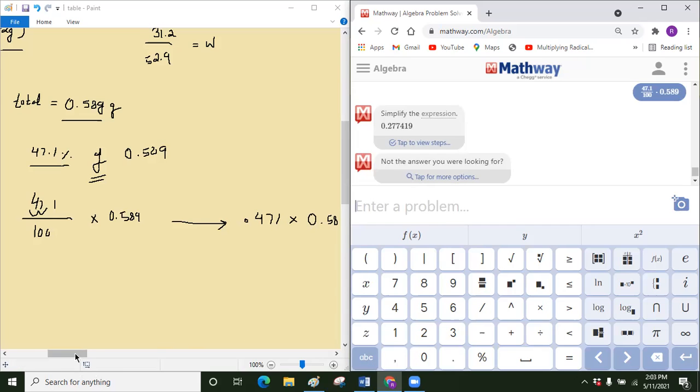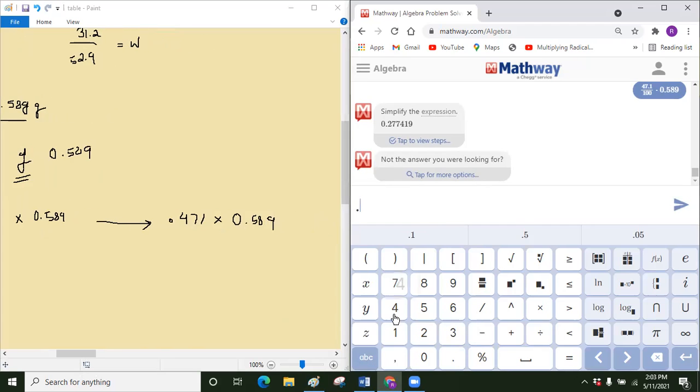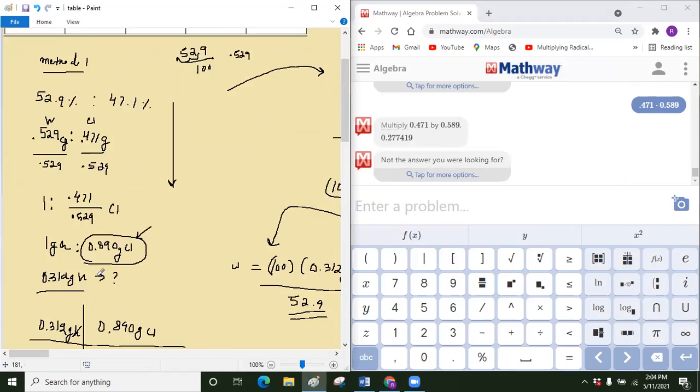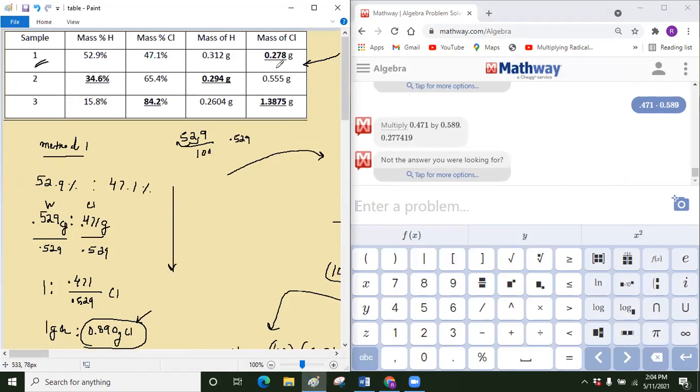But if I were to do the same thing here, 0.471 multiplied by 0.589, I'd essentially get 0.278, or the same answer. So if we go back up here, we acknowledge that 0.278 is in fact the mass of chlorine. So that is essentially how we would do this particular one, and we'll move on to this one here.